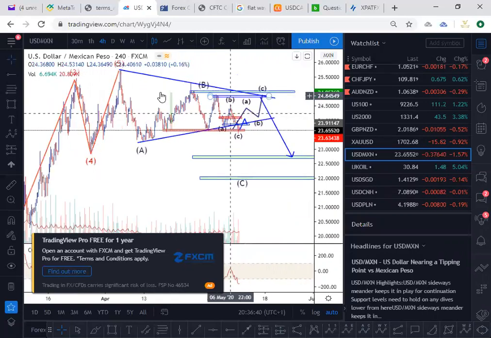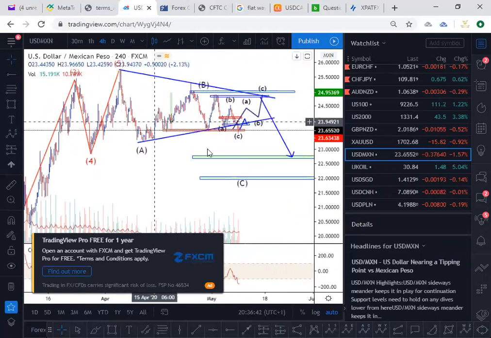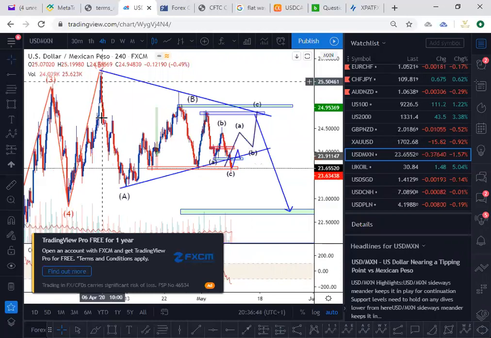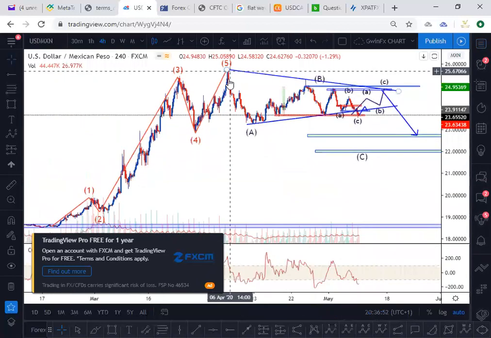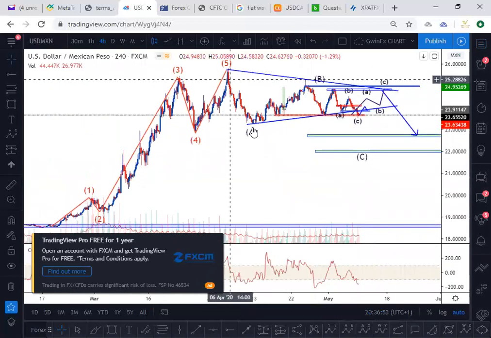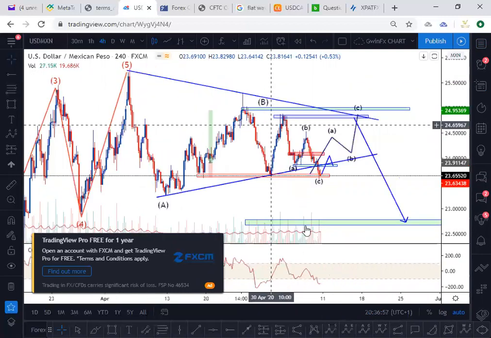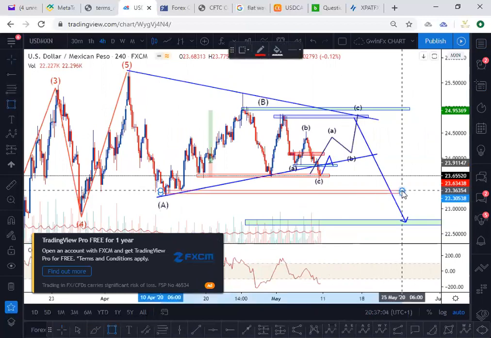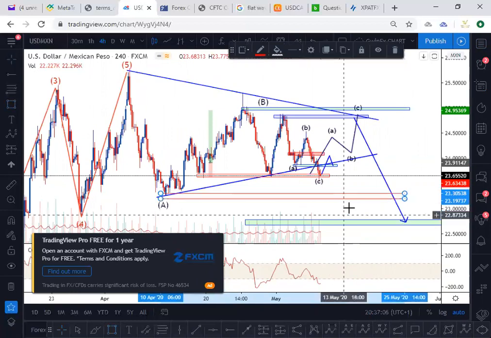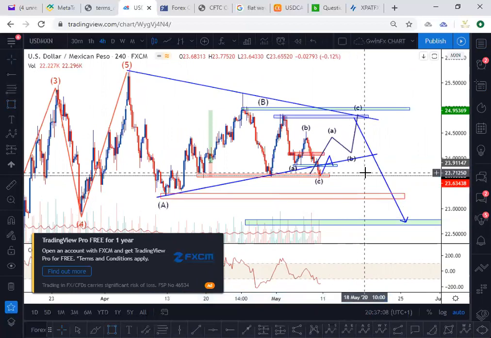All right, and we started seeing this triangle forming from this point, and it became clear to us that this area here was actually our high, and this was our A, and this is our B. So we could expect our C to be either here, because the first thing you want to be doing is to identify a pattern, and you also want to identify what that pattern is not.